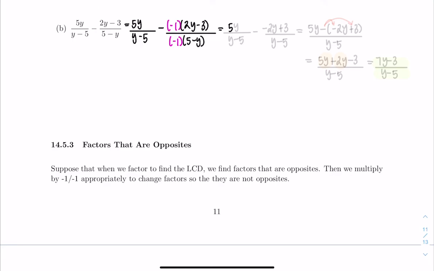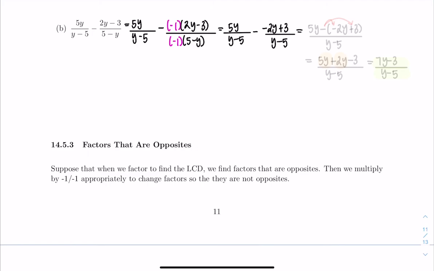And so the first one doesn't change. And the second one, we end up with -2y plus 3 all over, this becomes y minus 5.